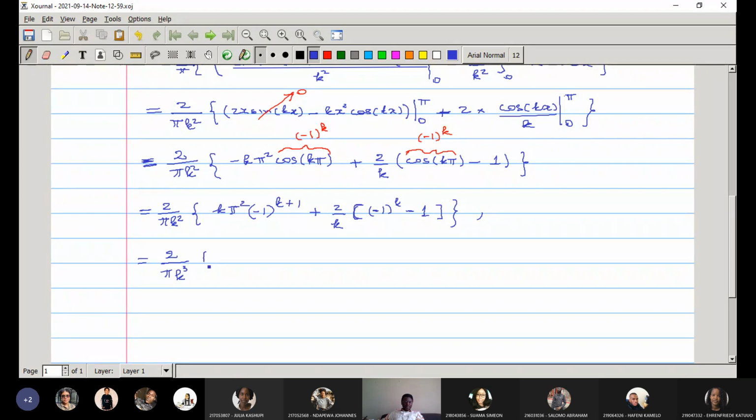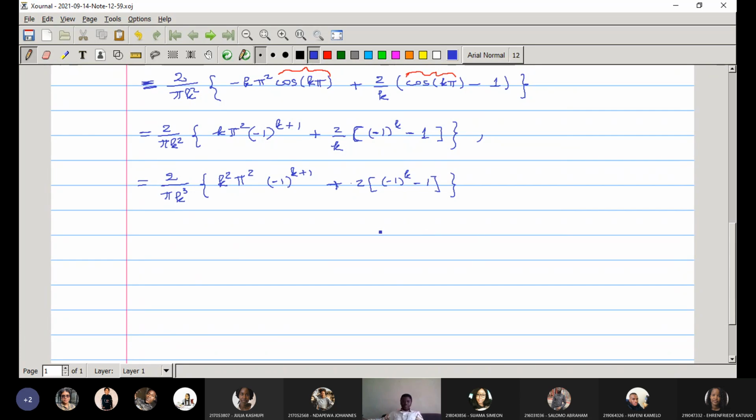And then here we can write k pi square, or k square pi square -1 to the k plus 1 like this, plus 2 into this expression, right? You can simplify the way you want. It's not compulsory to do it this way. So -1 to the k minus 1. So this is our bk. We just substitute in our expansion, right? So this is bk.